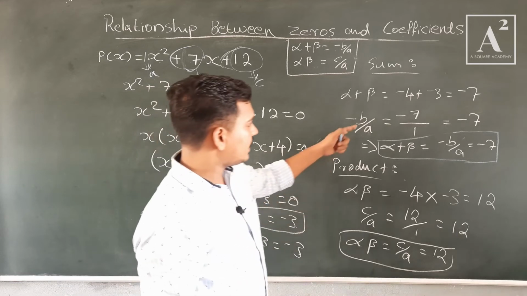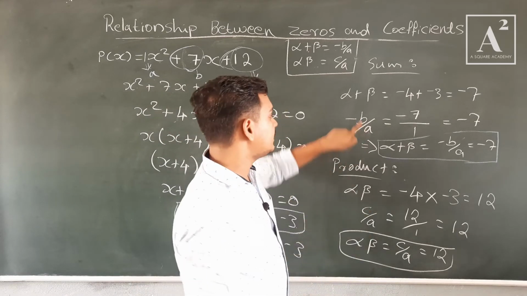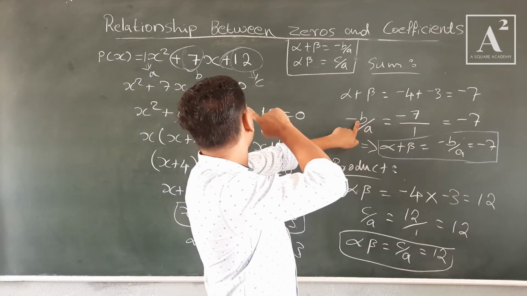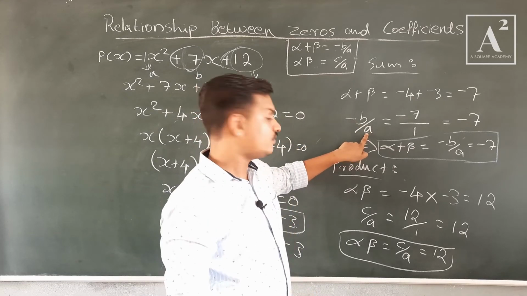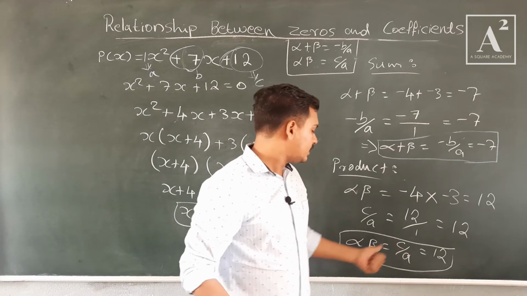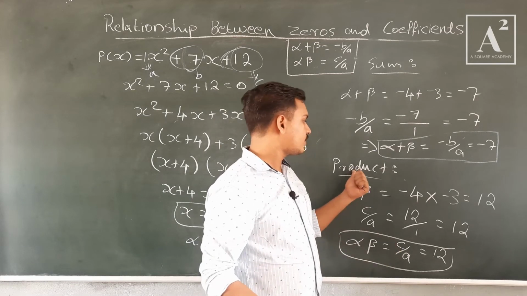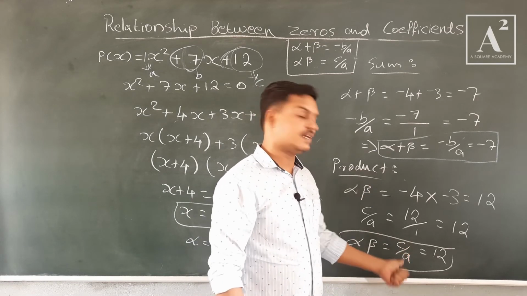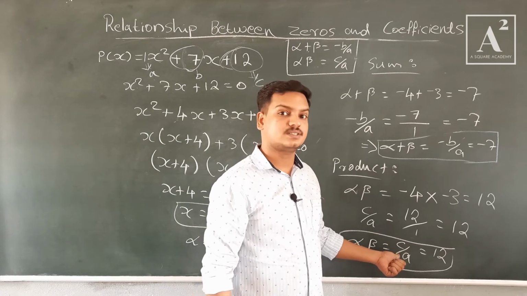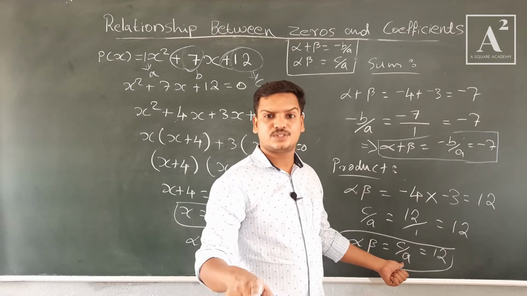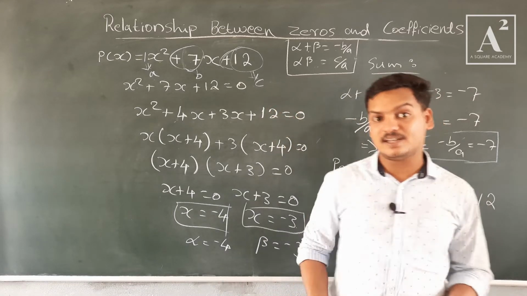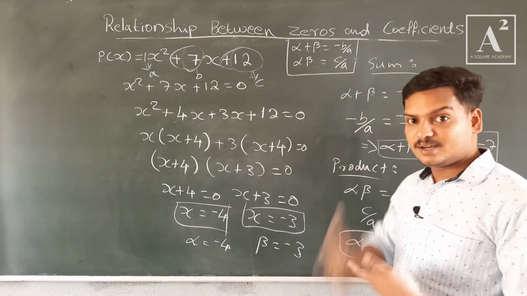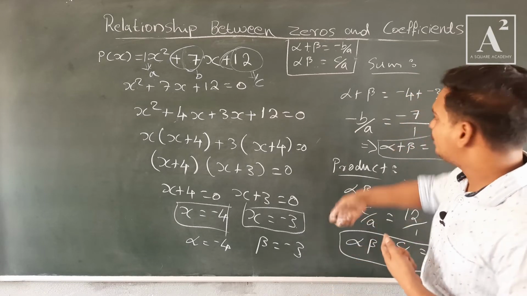Instead of writing b and a, we can write b means the coefficient of x and a the coefficient of x square. In a similar manner, product is equal to c by a. Instead of writing c, you can write constant term divided by a, the coefficient of x square. So in the previous example we developed this expression, and now in this example we could verify that.